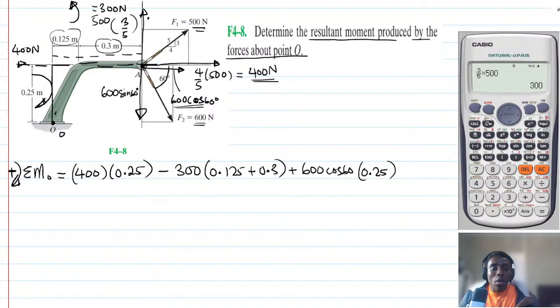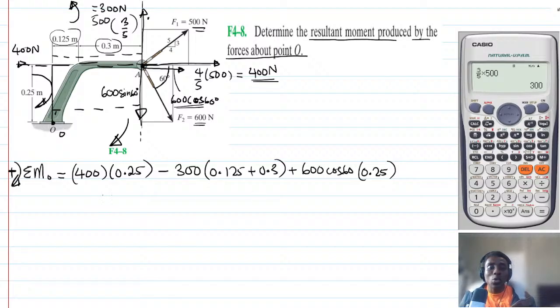Okay, and then the Y component is passing through this way. So we need this perpendicular distance. Again, it's going to be the same thing. But this time around, you see that the Y component is coming down, so it's going to cause a movement which is going to be clockwise.